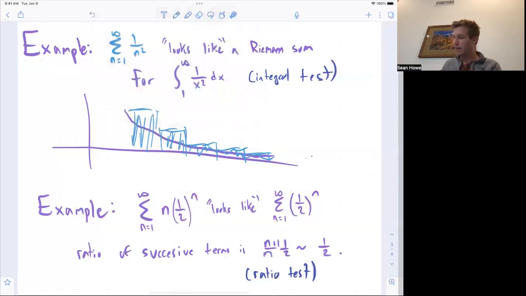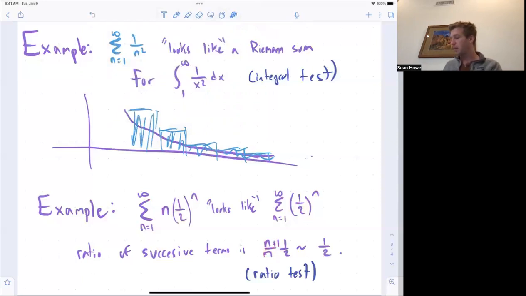So I am increasing a little bit. I'm not multiplying by a half at each step like the geometric series, I'm getting a little bit bigger than that. But the factor I'm multiplying by is n plus 1 over n times a half. And if n is really big, then n plus 1 over n is basically 1.